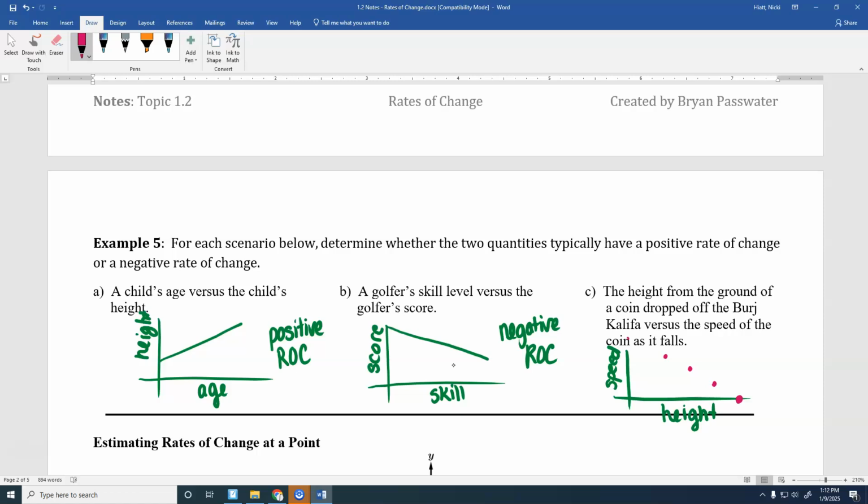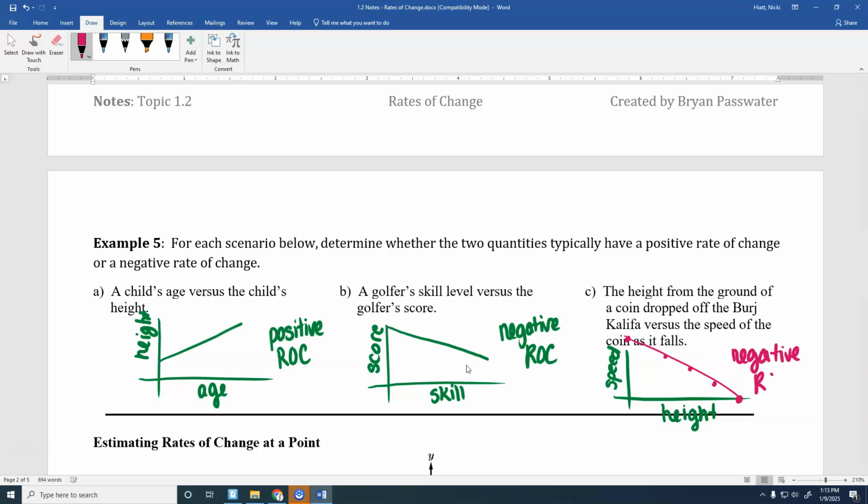Height is 0, speed should be the highest at that point. Now, there's a chance it might hit terminal velocity and level out. I'm not sure what a coin is going to do from that sort of height, but in general, we're going to see a negative rate of change in this. But it's not because of either one of those things we were thinking before.